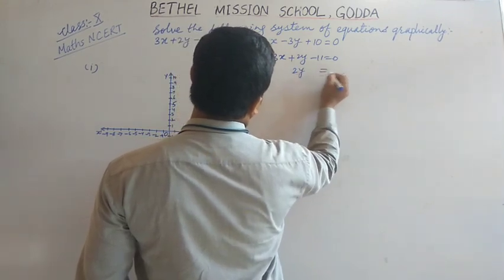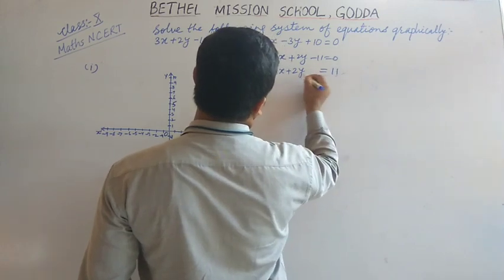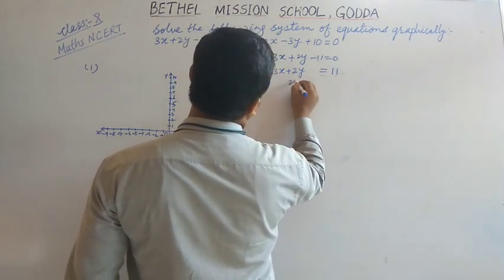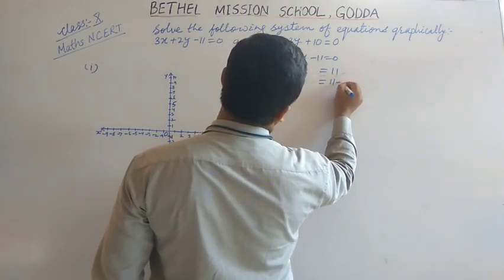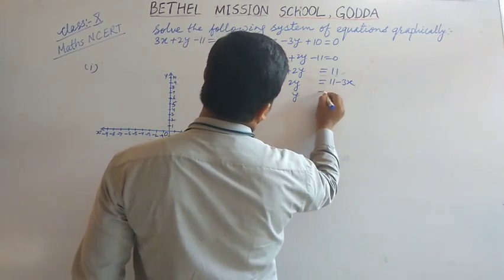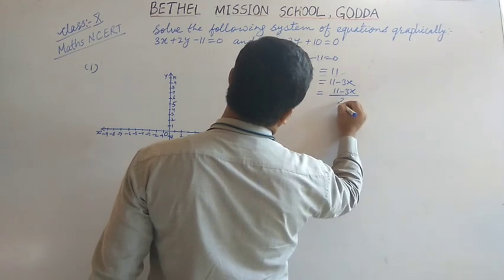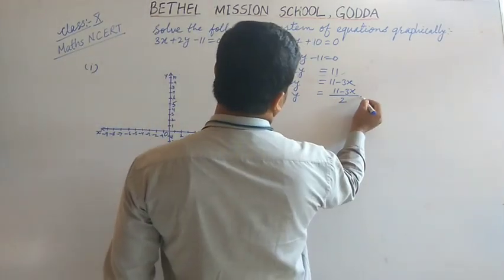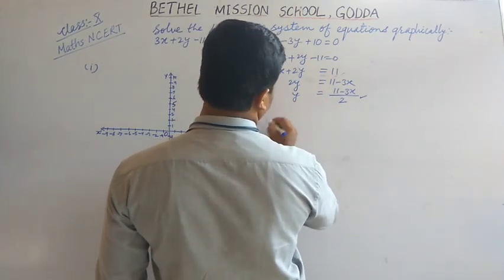When you transfer 11 to that side, 3x plus 2y equal to 11, and 2y, when you transfer 3x to that side, you will get 11 minus 3x, and y equal to (11 minus 3x) upon 2, because 2 came down to this side. Now we'll find the values of x and y.